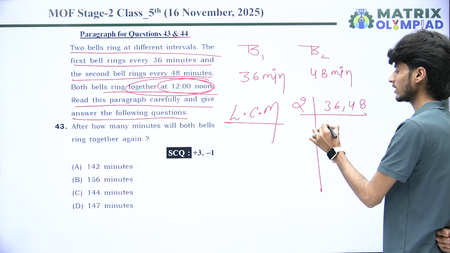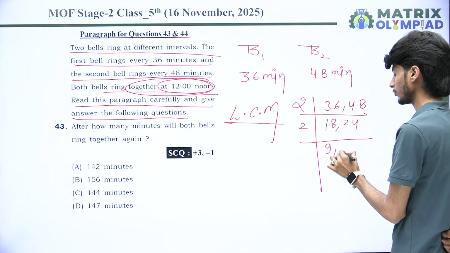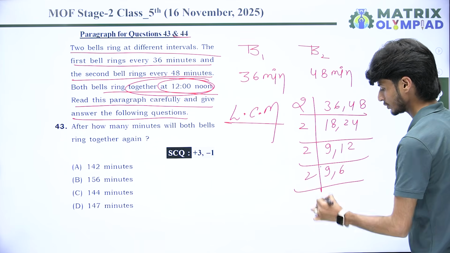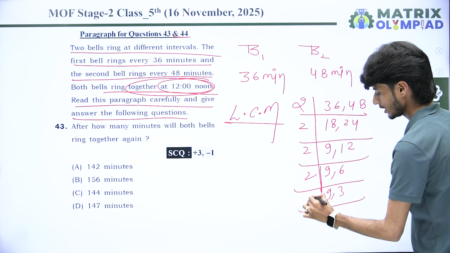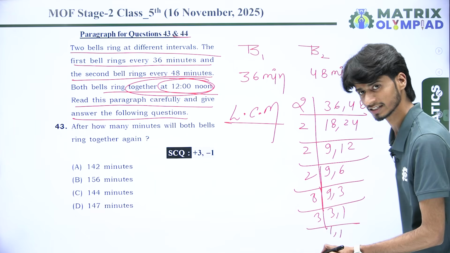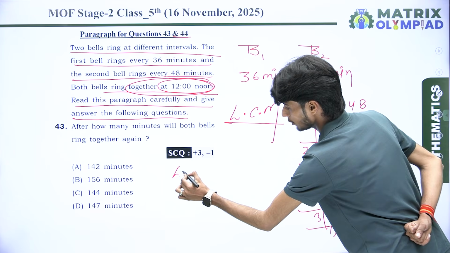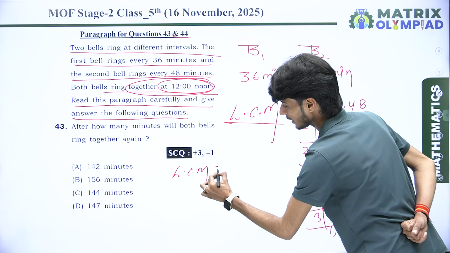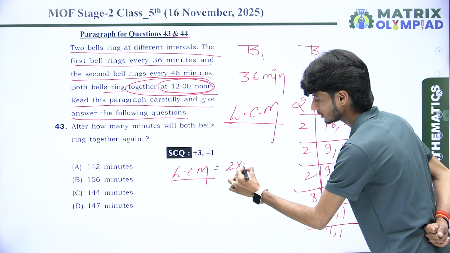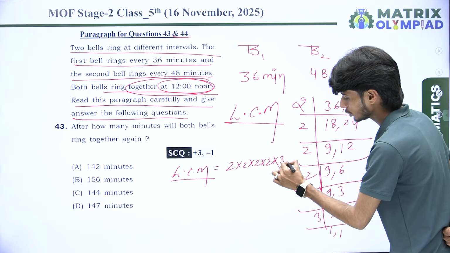First of all, we take 2, then we get 18, 24. Again, we take 2, then we get 9, 12. Again, we take 2, then we get 9, 6. Again, we take 2, then we get 9, 3. Now we take 3, then 3, 1. And in the end, we take 3, then we get 1, 1. Okay. So the LCM is the product of all factors, which are 2 four times and 3 two times.